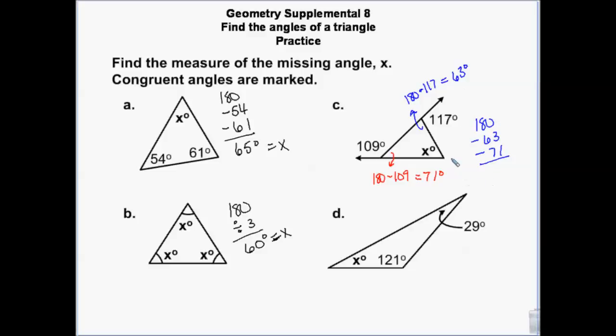And that'll give you x. So 180 minus 63 minus 71 is 46. Not too bad? And then D, we're back to the same thing as A. So I take my 180, I take away 121, and I take away 29. And I get 30.